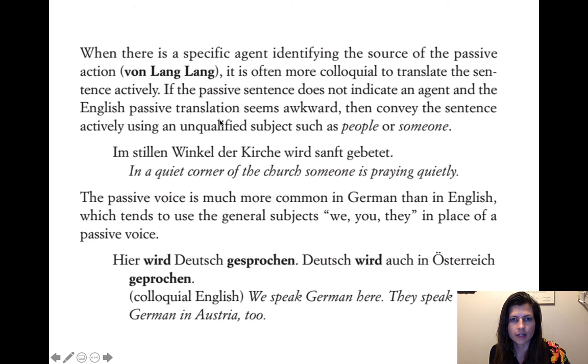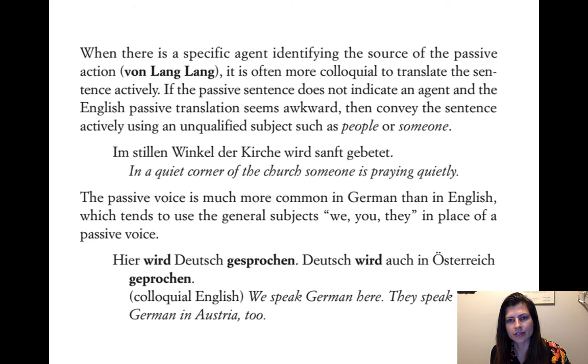So then you can convey the sentence actively using an unqualified subject, such as people or someone, if you don't have an agent. This one is a good example of the same thing, like hier wird geraucht, right? Im stillen Winkel der Kirche wird sanft gebetet. In the quiet corner of the church it is quietly prayed.